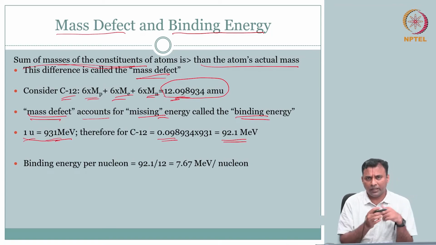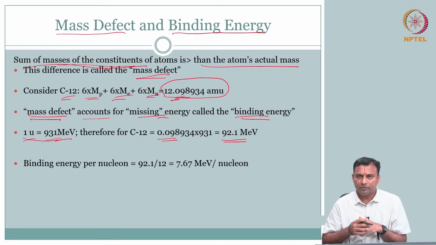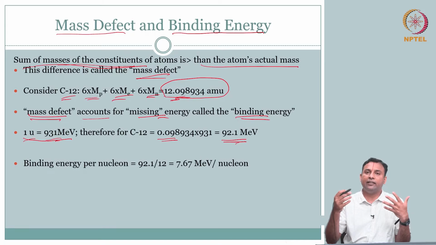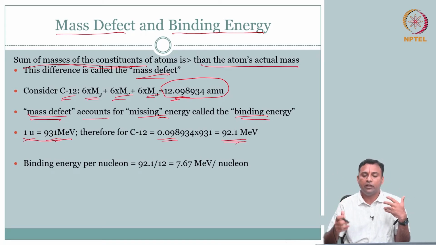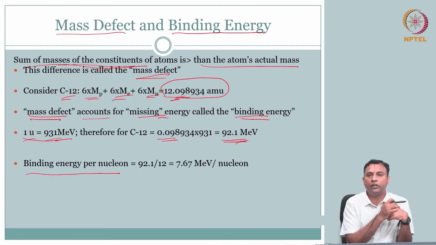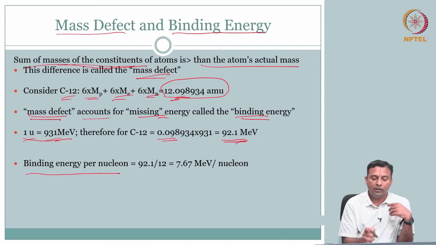Of course, clearly the heavier the atom, with more constituent particles, probably the defect is also going to be a little more, and therefore your energy could be more. So instead of reporting just that, we normalize to binding energy per nucleon. What is the nucleon here? You have 12: 6 protons and 6 neutrons.